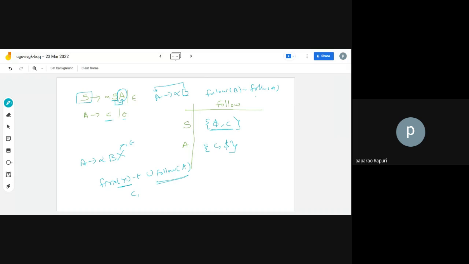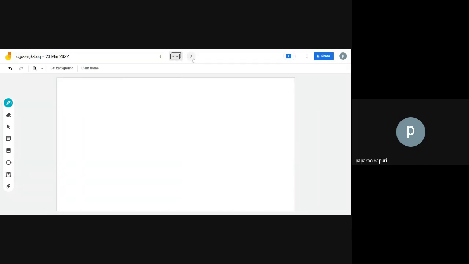So we will see some previously asked GATE questions for constructing the follow of the non-terminal. There is a grammar: S derives iEtSS dash slash small a, and S dash derives small e capital S and epsilon. E derives small b.